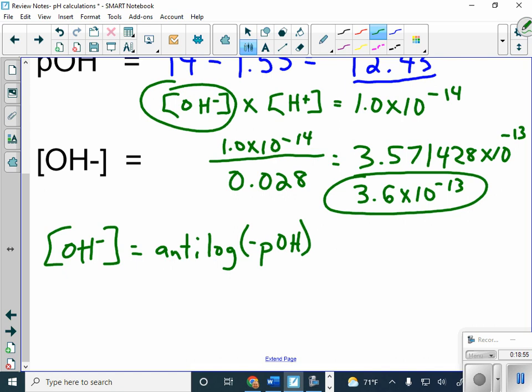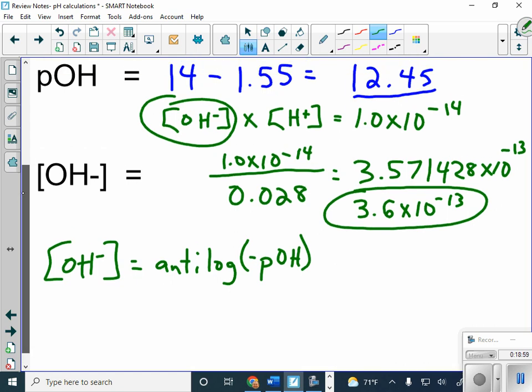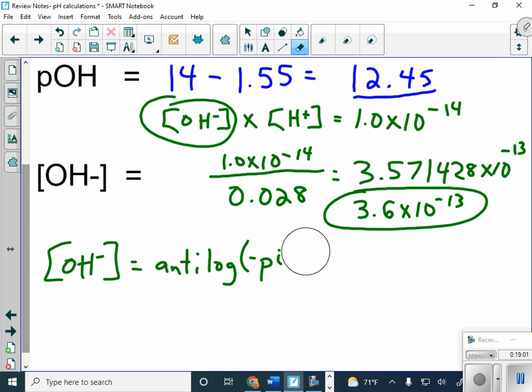Well, I have the pOH. It's 12.45. So I'm going to take the anti-log of negative 12.45.